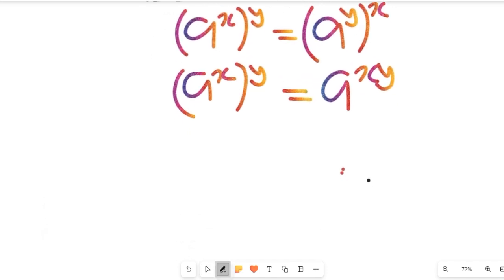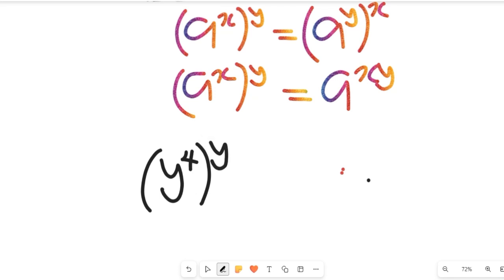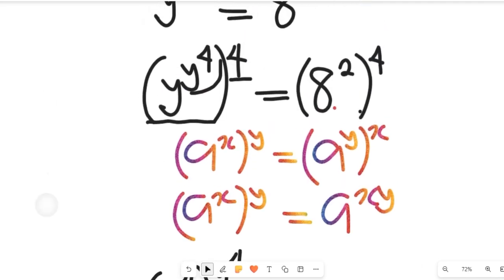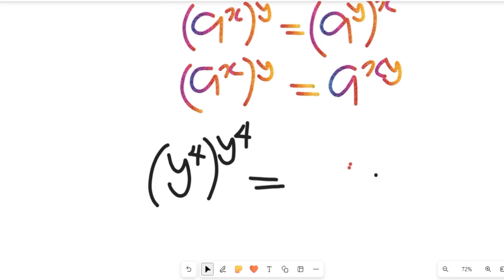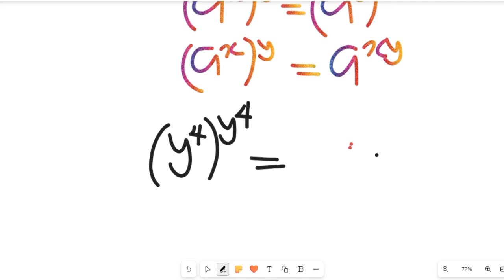That expression will now give us y to the power of 4, which is the initial exponent, all to the power of y to the power of 4, and this will now be equal to, following the second law, 2 multiplied by 4, and that will give us 8 to the power of 8, because 4 times 2 is 8.